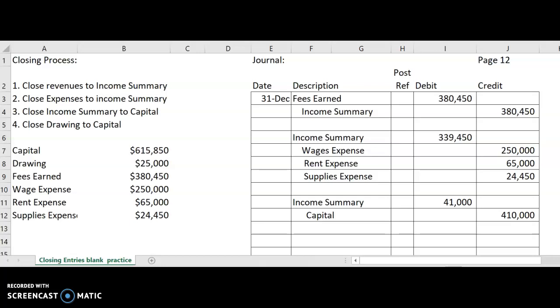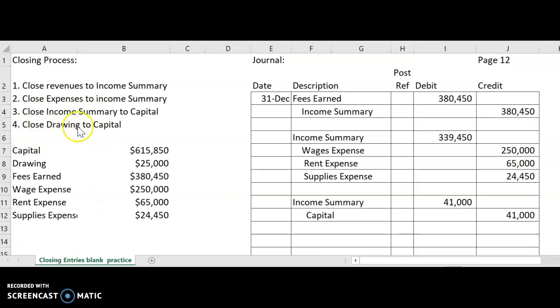Net income should make capital go up. Just as you've done on the statement of owner's equity when you've added net income to capital, here we're actually doing it in the accounting records to get it ready for next period. And I keep adding zeros in there, so make sure that you see that this is $41,000.